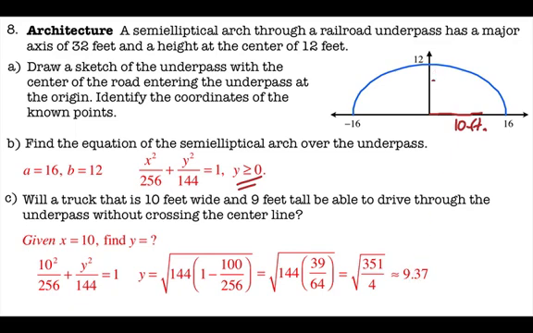So the x value of 10 produces a y value of 9.37. The truck is 9 feet tall, which means that yes, the truck will be able to drive through the underpass without crossing the center line.